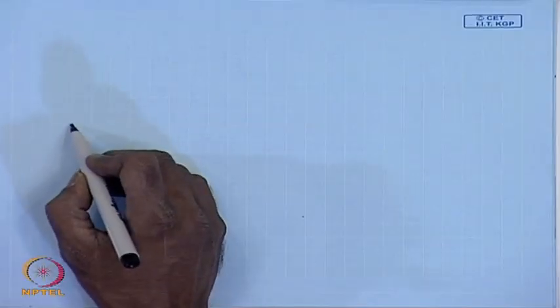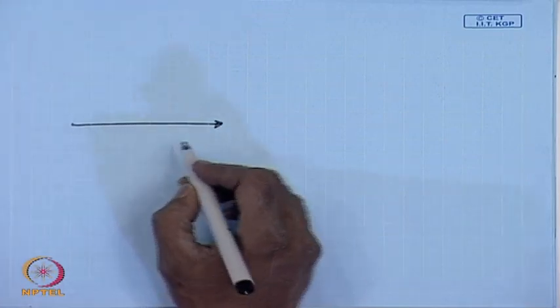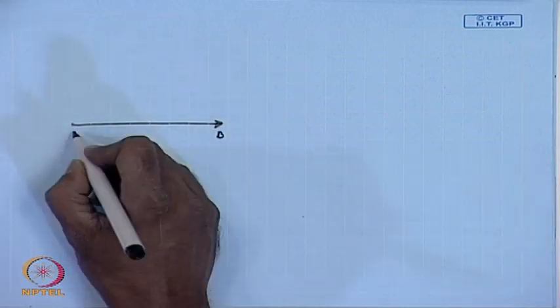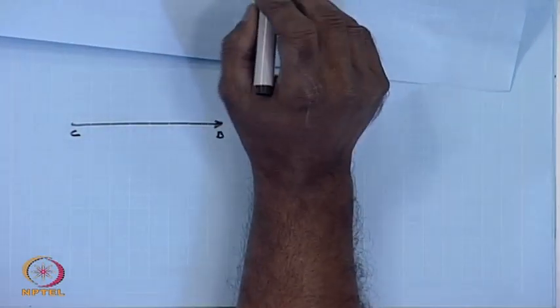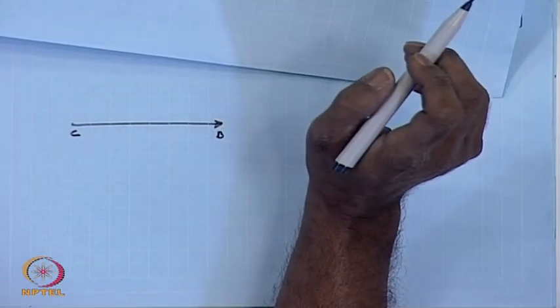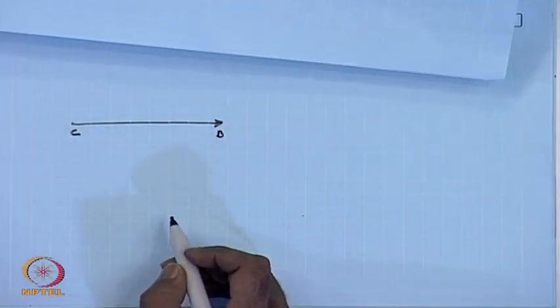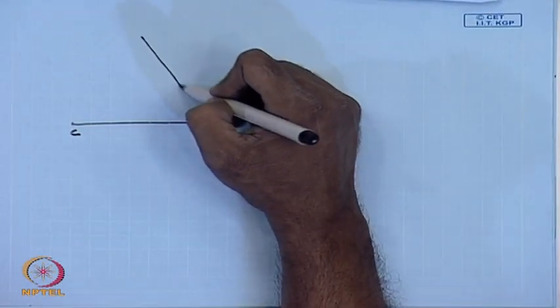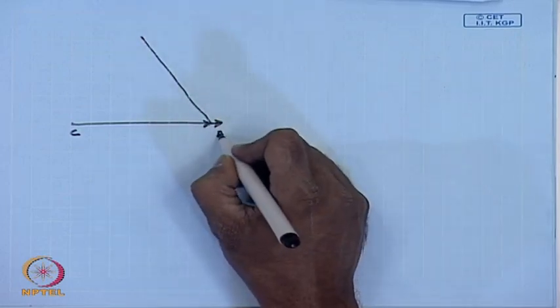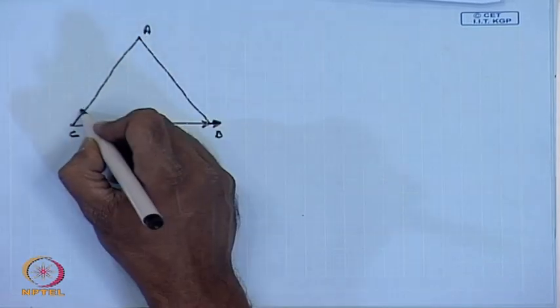Taking the voltage VBC to be the reference phasor, this is B terminal, this is C terminal. So, this is basically the voltage of B2 with respect to B1, because B is connected to B2 and C is connected to B1. So, this is the voltage AB, this is CA.